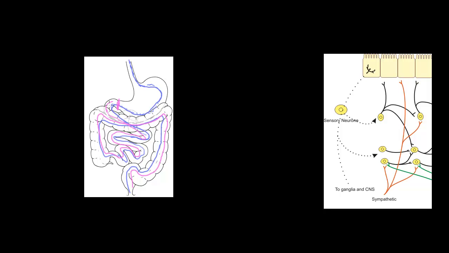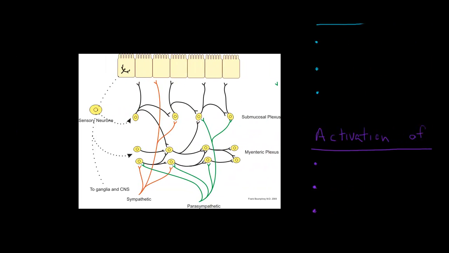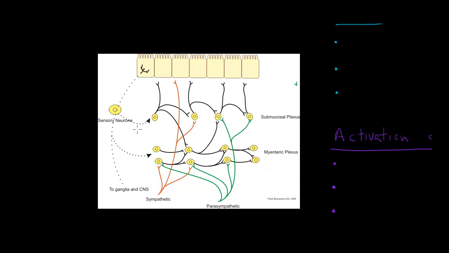So that's after the stomach. Right here we see the submucosal plexus, and the myenteric plexus here. So this is the submucosal and the myenteric.